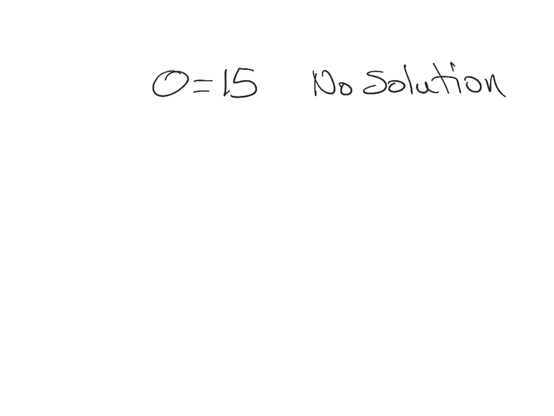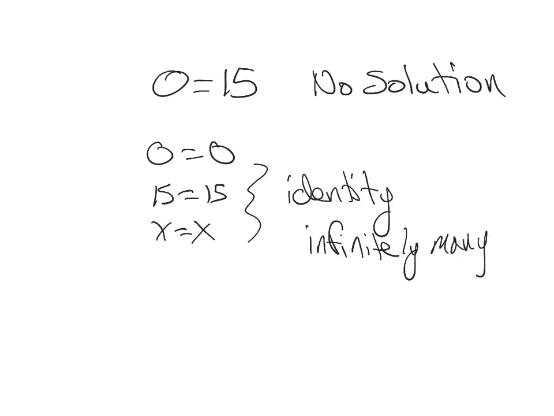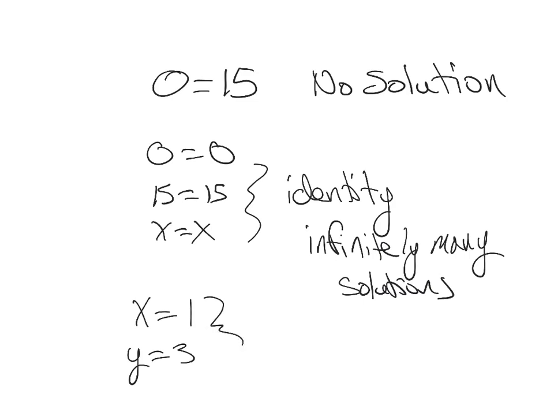If you go through this process and you end up with something like 0 equals 0, 15 equals 15, x equals x, these are all identities, which means infinitely many solutions. And finally, obviously, if you come up with x equals some number like 1 or y equals 3, these all have one solution.